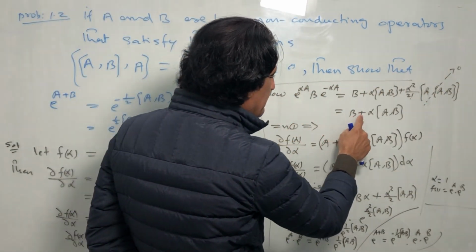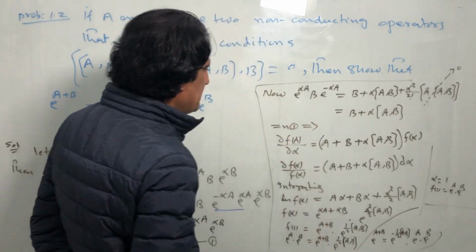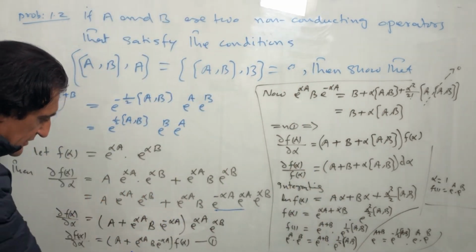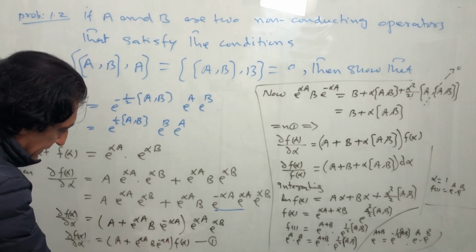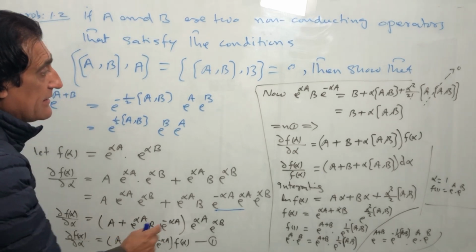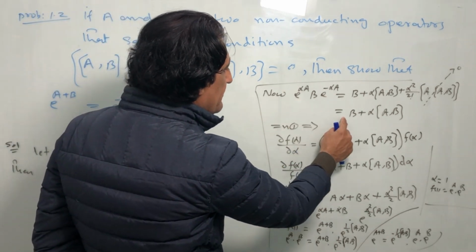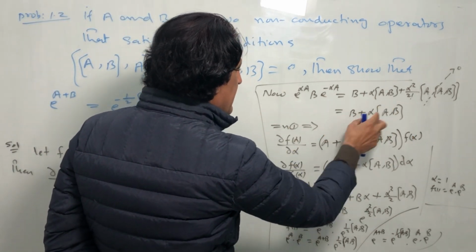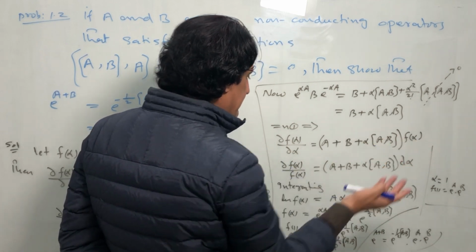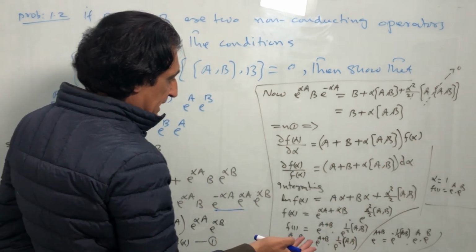So we have B plus alpha AB, this term. Putting this value in equation number 1, because e to the power alpha A, B, e to the power minus alpha A we have calculated like this, and f of alpha as it is.